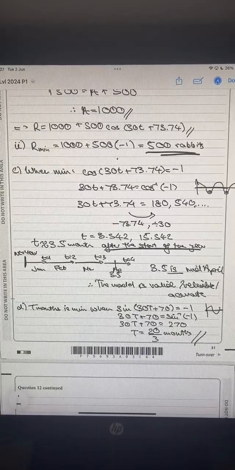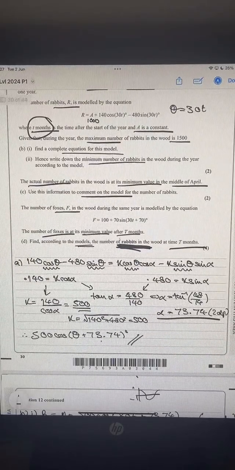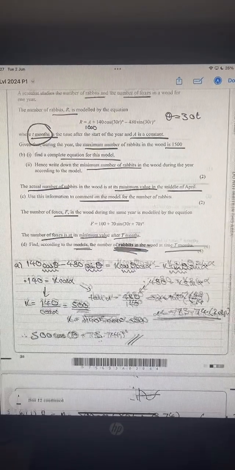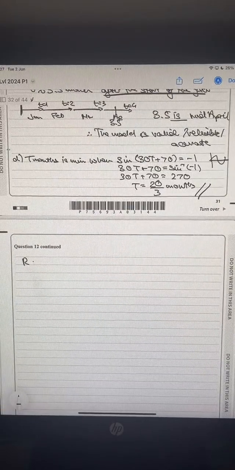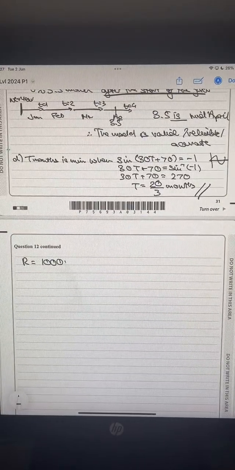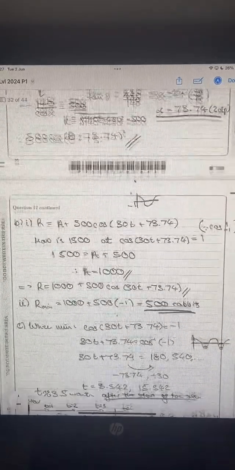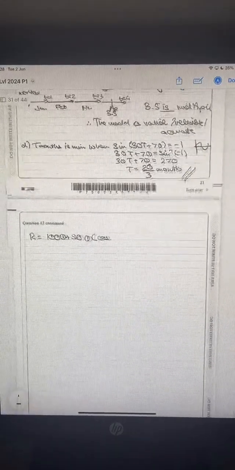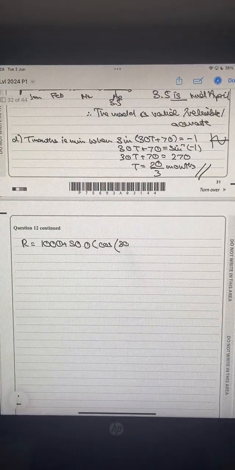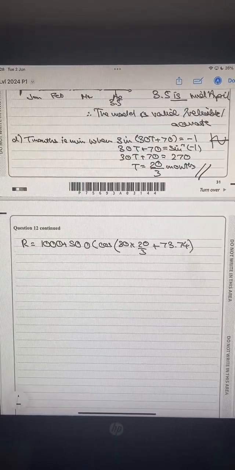So now I found what capital T is. Now I need to check the question carefully. I found the number of foxes after t months. I need to find the number of rabbits at time T months. So it's not hard. All I need to do is take my rabbits formula, R equals 1000 plus 500 times cos of, and what was my rabbits formula? 30t, so t is 20 over 3. 30 times 20 over 3 plus 73.74.